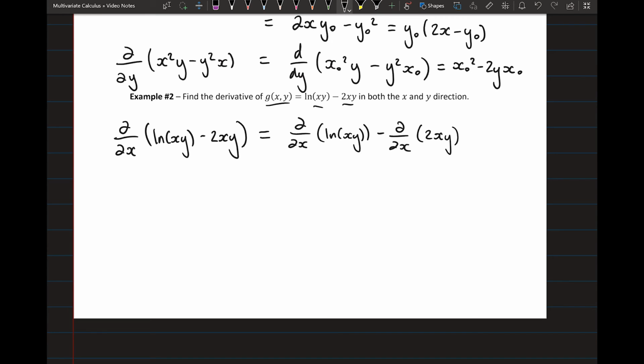So we've moved the negative out front here. And here, again, we set y to a constant. So we get d dx of the natural log of x y naught, take away d dx of 2x y naught.